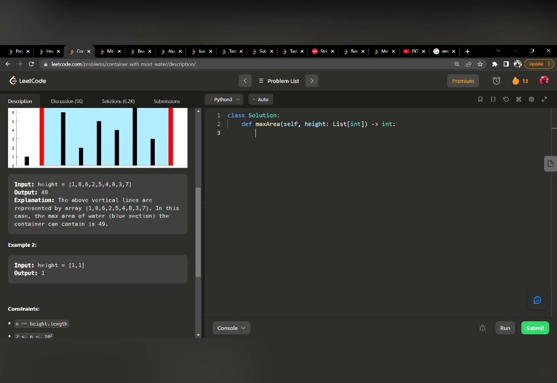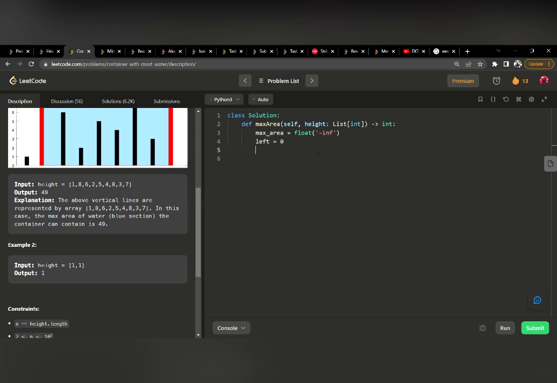So we are going to assign max area as float minus INF, because it will hold the maximum value. So we are going to initialize it with the maximum negative value, and then we are going to assign two pointers.